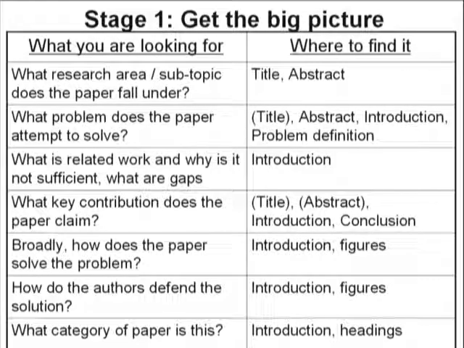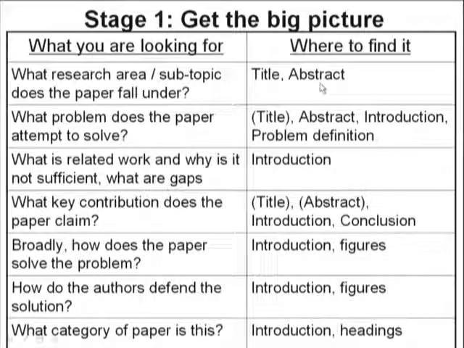What you see is that the words title, abstract, introduction have appeared many times. In addition, figures have appeared multiple times, the conclusion has appeared somewhere, and the word headings has appeared somewhere. So the point we are trying to make here is that when you are trying to get the big picture, you should mainly concentrate on these topics.